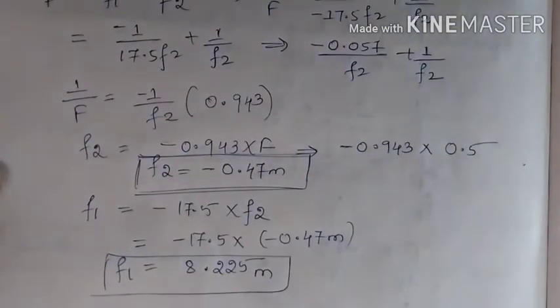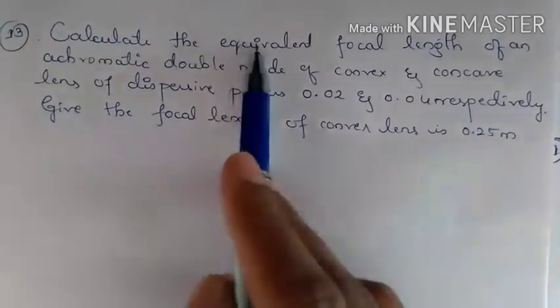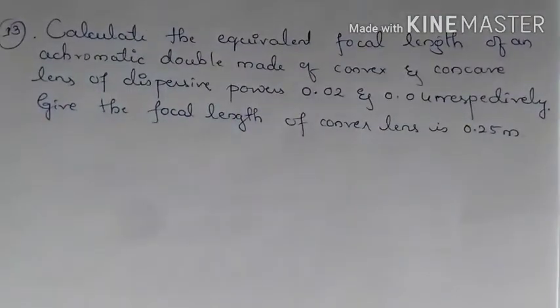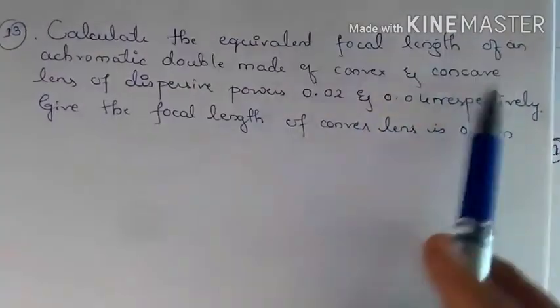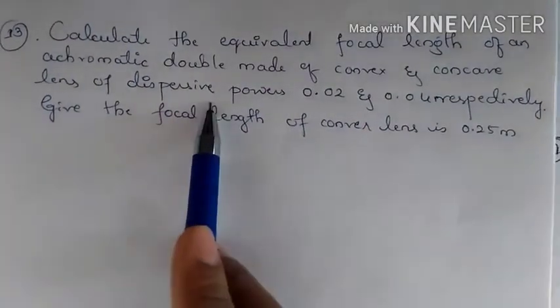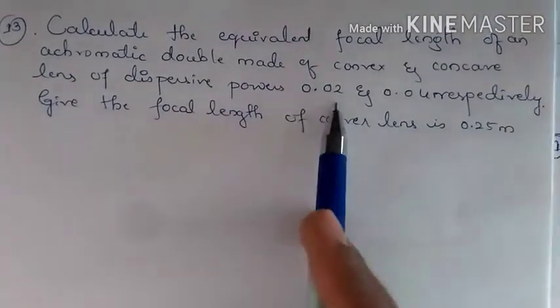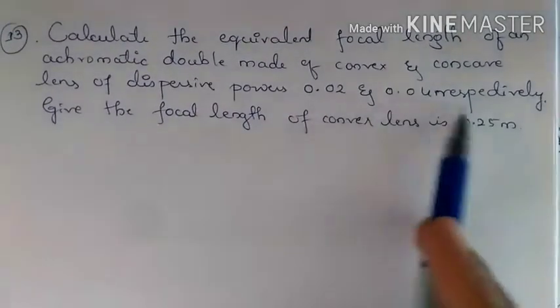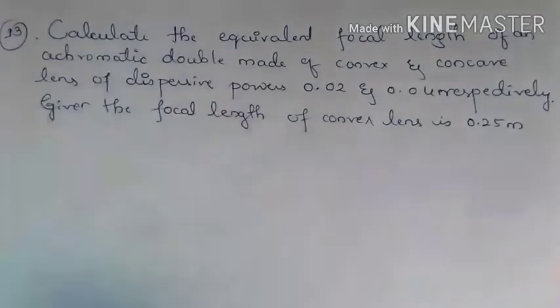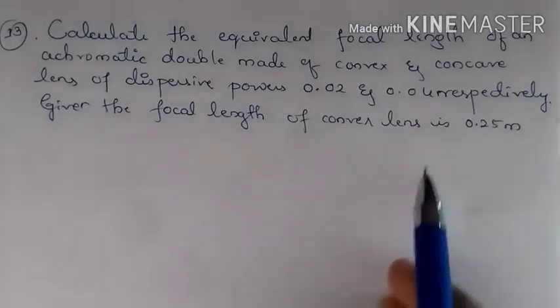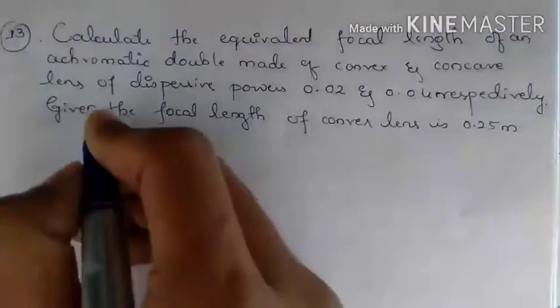So this is the solution. 13. Calculate the equivalent focal length of an achromatic double made of convex and concave lenses of dispersive powers 0.02 and 0.04 respectively. Given the focal length of the convex lens is 0.25 meters.